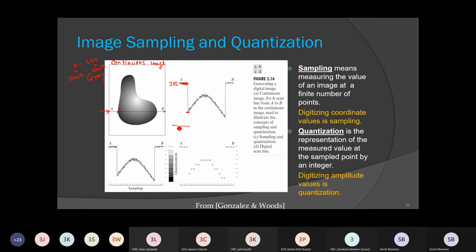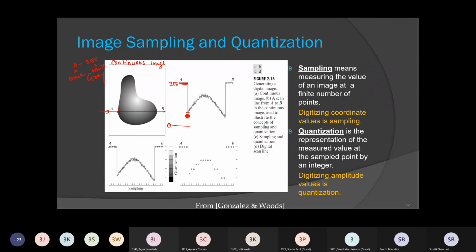So from 255, there is a drastic change and the intensity value gets reduced to somewhere here. I don't know this value exactly, but it is below 255. Let us assume somewhere here I have 0. Between 0 and 255, initially these pixels have 255 intensity, and from here onwards I'll have various gray shades.